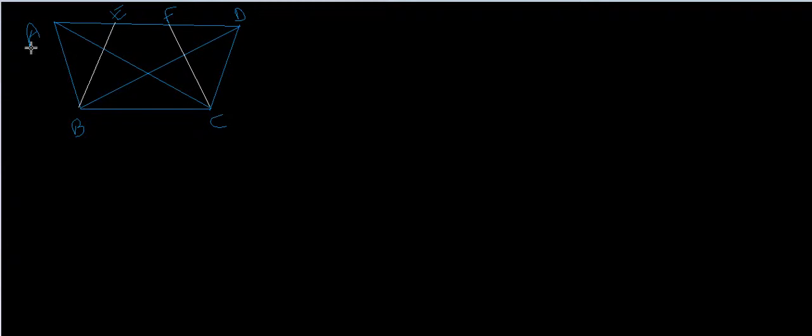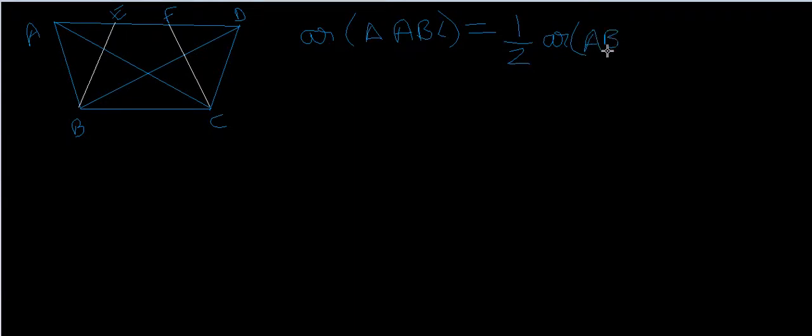So, from the theorem that we learned in the previous video, we can assert that area of the triangle ABC is equal to half of area of the parallelogram ABCF.